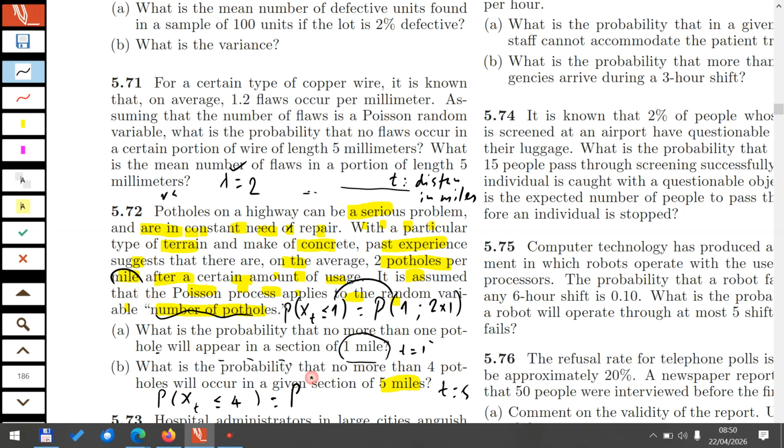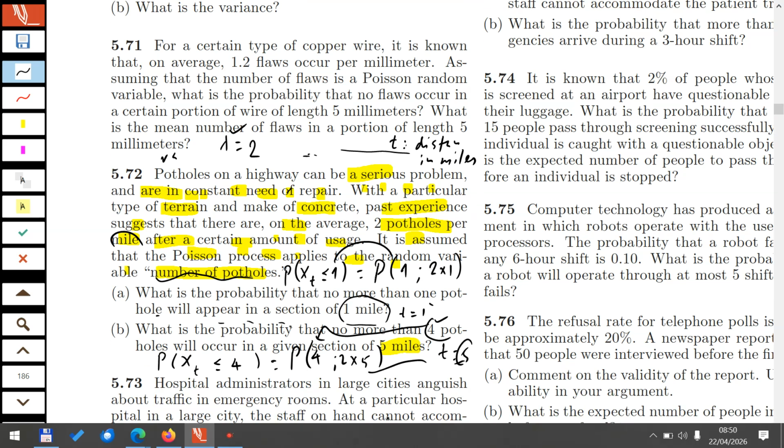And then it's the CDF at 4, and here you have 2 again. No, here it's not 2. Here it is 2 times 5. This 4 comes here, and 2 is lambda, and this 5 comes here. So 4 semicolon 2 times 5, right?